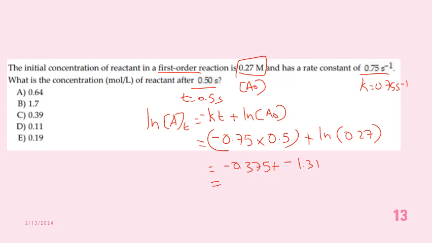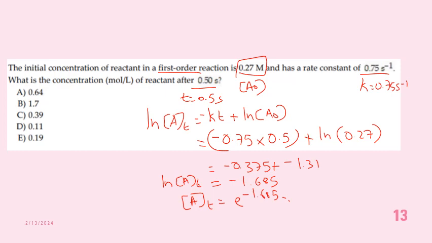So when you add them up, negative 0.375 plus negative 1.31 equals negative 1.685. So then that is ln [A]t. I just need the concentration [A]t, so we need e to the power negative 1.685.